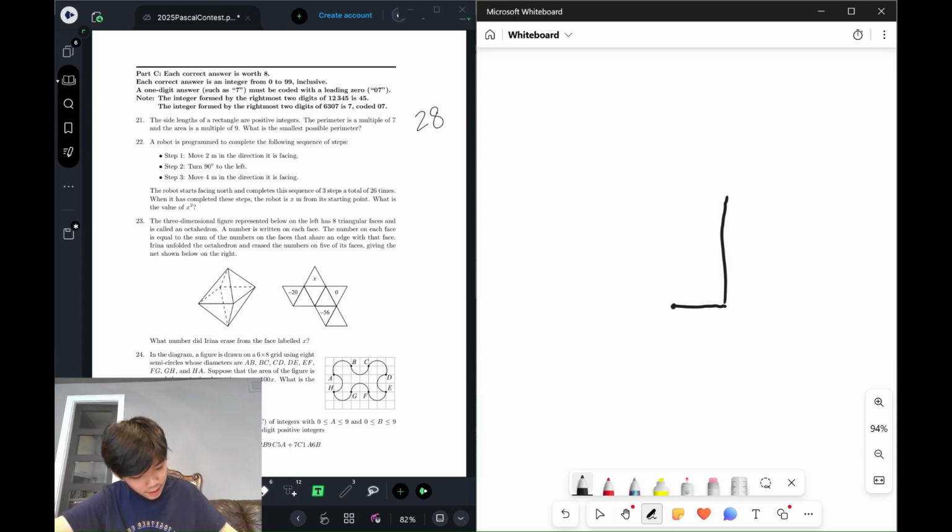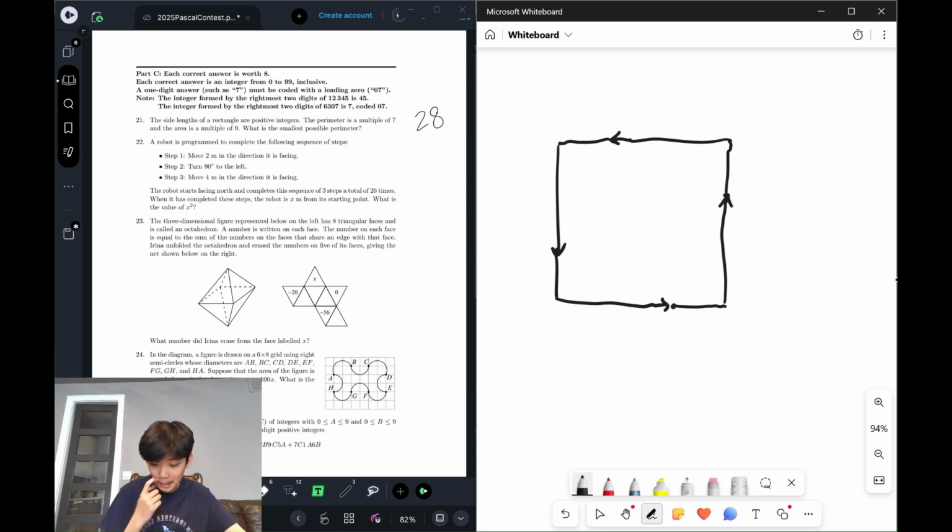So what happens again is we're still facing this way. So we're going to do that again. 2 meters, 4 meters. Facing this way, so we'll do that again. 2 meters, 4 meters. And then we're facing this way, and then we do that again. 2 meters, 4 meters. And after 4 steps, we actually end up at the same place.